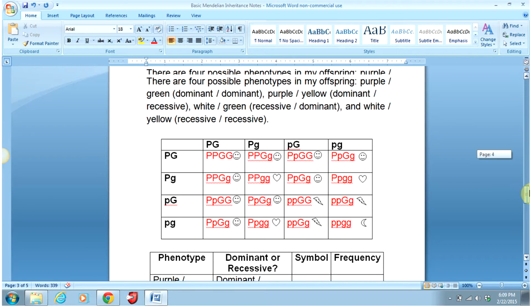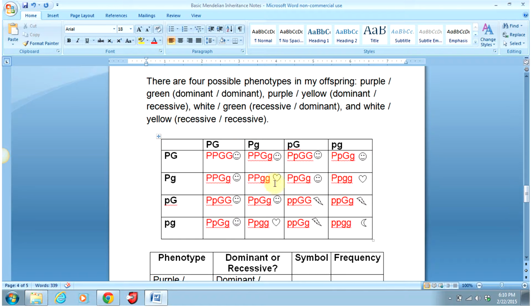Okay. So let's say I chose to use smiley faces for my purple flowers and green leaves, or dominant phenotype. So all of my offspring that have those 2 traits, purple flowers and green leaves, are going to receive a smiley face next to their genotype. Then for my offspring that have purple flowers and yellow leaves, so they'd be dominant and then recessive, I'm going to use a heart.